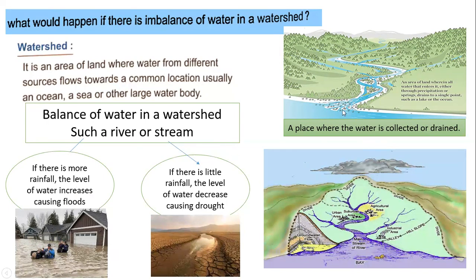We said this before. So I have the watershed here. If the level of water increased, مستوى المية عالي جدا، we say there are heavy rains here. What will happen then? Flood. And if there is no rain at all and the water is very little, what will happen? Drought. Easy. عرفنا يعني ايه ووتر شيد؟ مكان بتجتمع فيه الميه، ميه الامطار، ميه الانهار، كلهم بيتجمعوا في نفس المكان ده، المكان ده اسمه ووتر شيد. Okay.